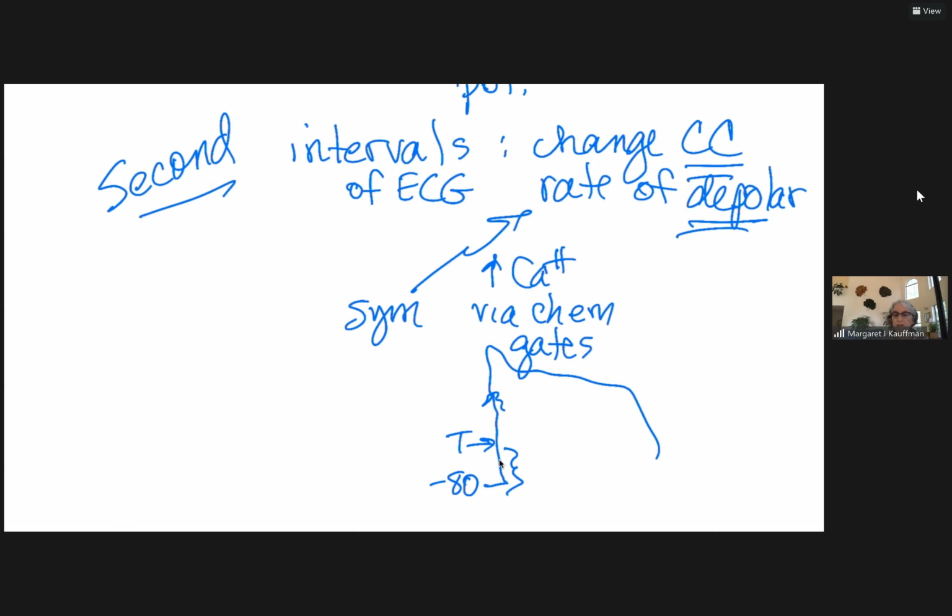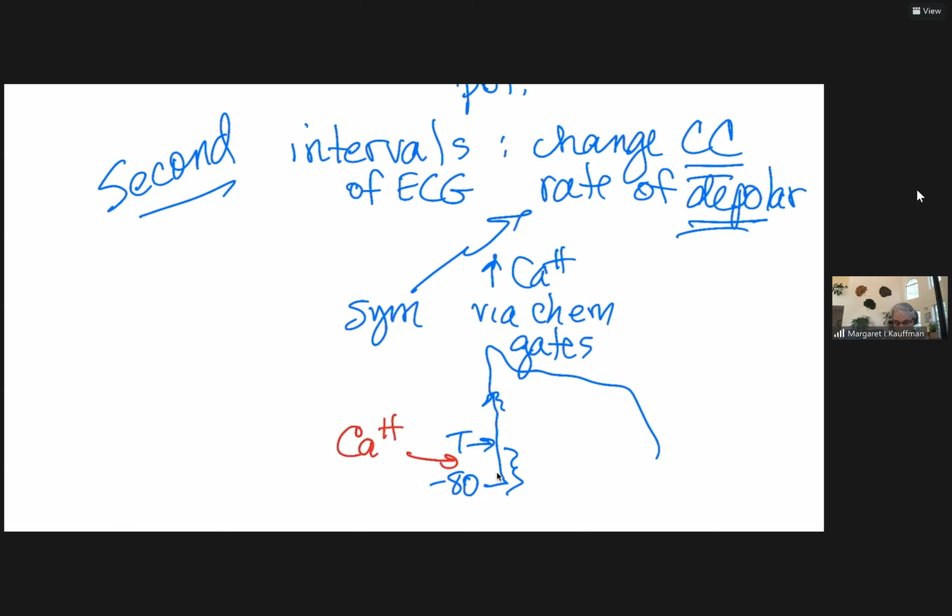But now visualize a world where you already have some positive ions in there, extra ones. So now you're going to add some calcium into there. Calcium is a positive ion.